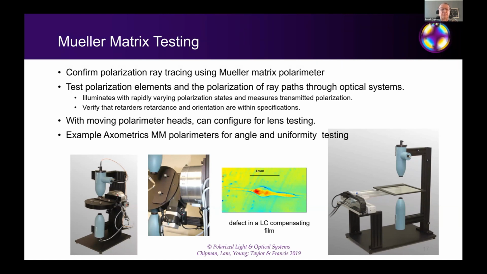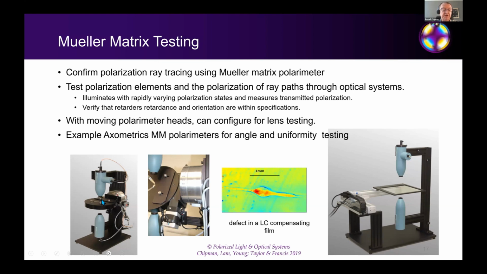These are used to test polarization elements, and they can also be configured to test the polarization of ray paths through optical systems. And so here we see a head. Light is coming in the fiber from the spectrometer, and there's a beam splitter here to pick off a reference beam, but a polarizer and a spinning retarder give a rapidly varying polarization state on a sample that can be clipped here onto this platen.